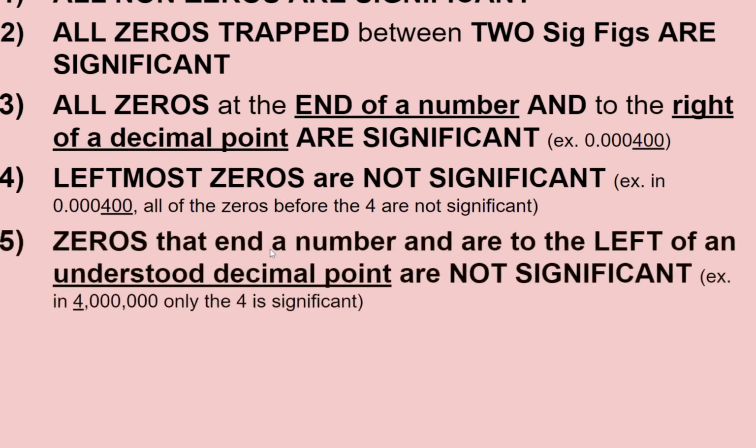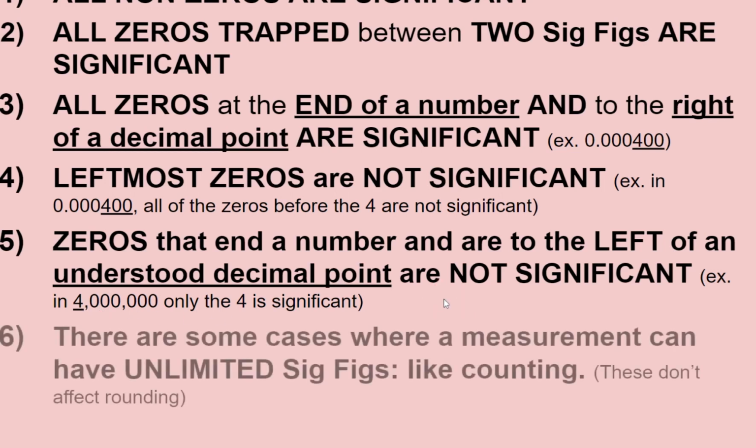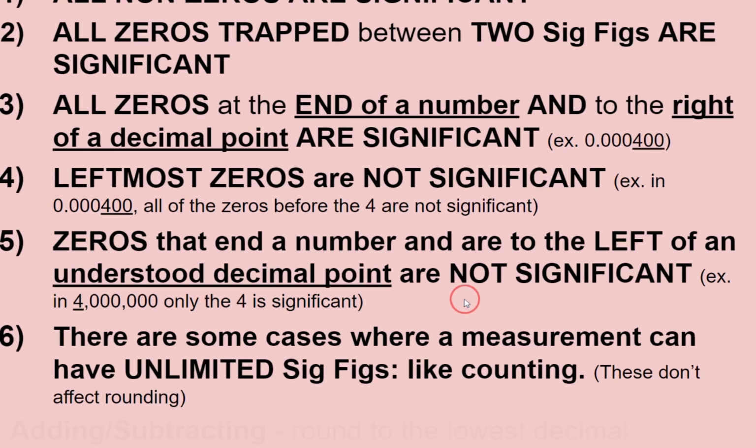The most confusing rule here, zeros at the end and to the left of an understood decimal point, so that means we don't actually see the decimal point, are not significant. So you got to be careful with zeros at the beginning and zeros at the end. That's where the decimal point matters. There are some cases where measurements can have unlimited significant figures, like counting or conversion factors.